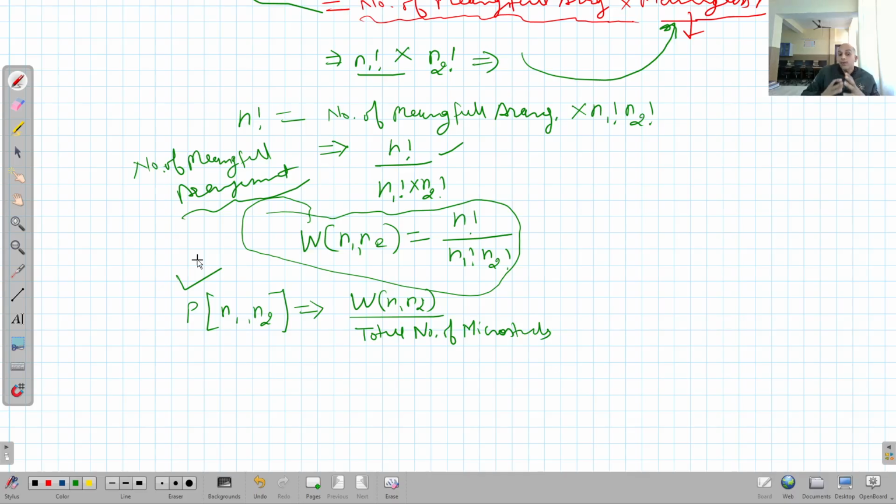We know the probability of a macro state is equal to thermodynamic probability multiplied by probability of a micro state. So probability of a micro state is obviously 1 upon total number of micro states.